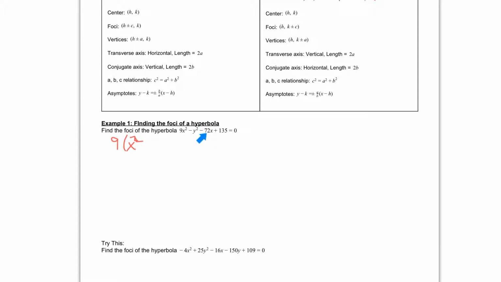So 72 divided by 9 will give me a minus 8x. And then I'm going to leave room to add in my number to make it a perfect square. Then I'm subtracting y squared. And this is equal to negative 135. And leaving room for the number that I need to add to balance out my two sides.